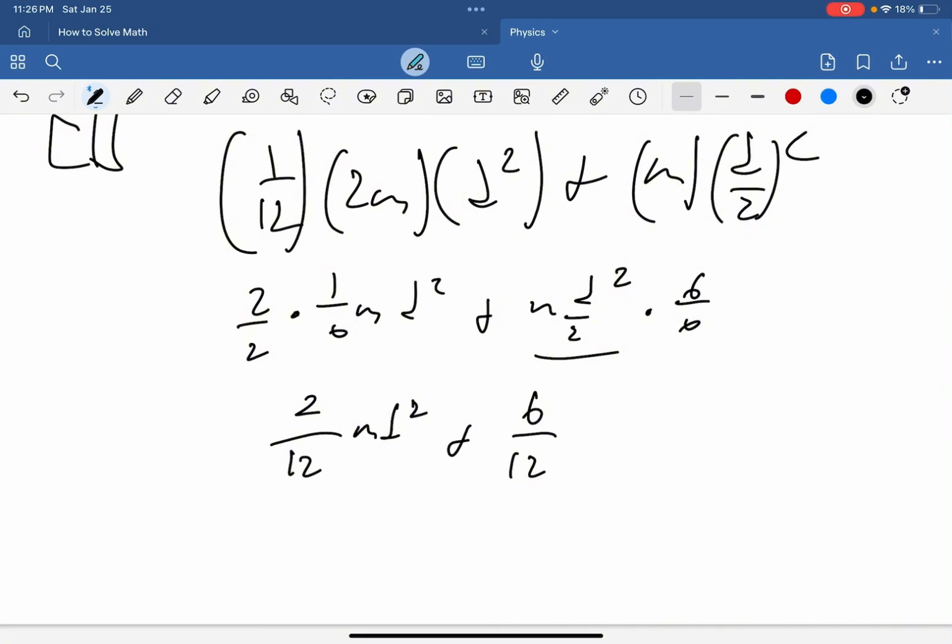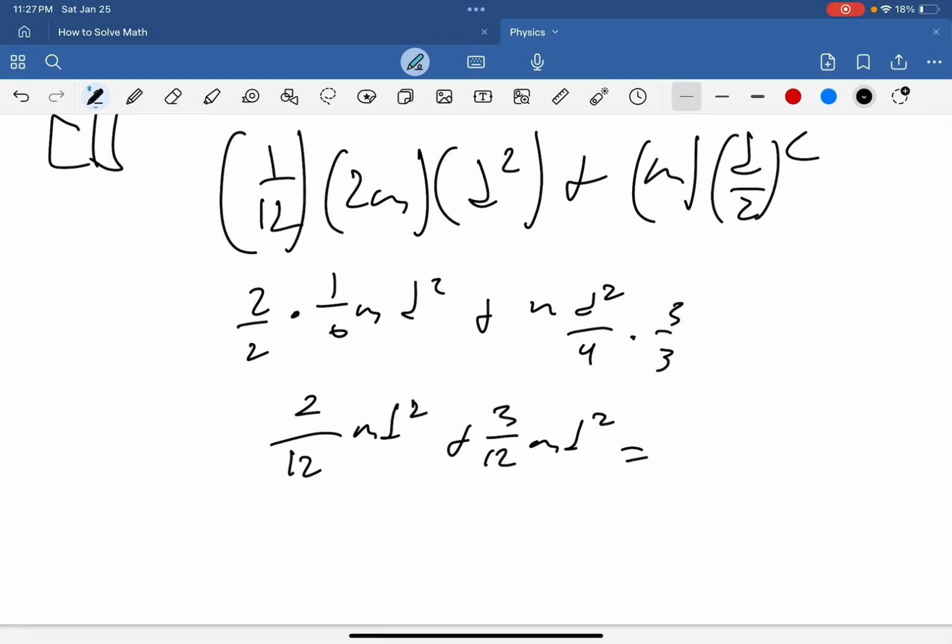Oh wait, hold on, I forgot one part. (d over 2) squared is going to be d squared over 4. So then let's multiply this by 3: 2/12 plus 3/12 m d squared. And adding those together, this is just going to be 5/12 m d squared. Good job.